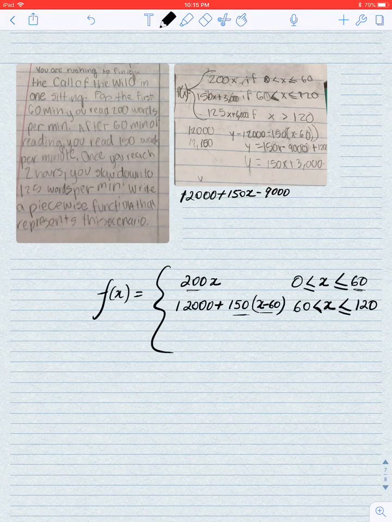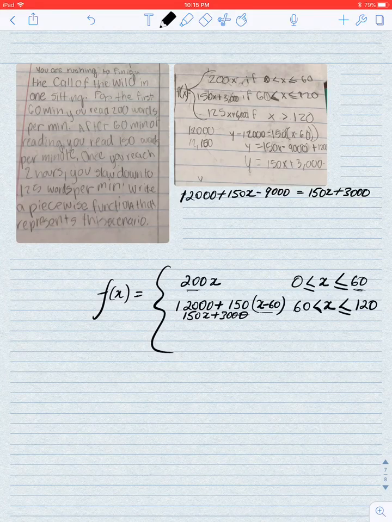So this is going to be equal to 150x plus 3,000, which is what you have over here, right? So that's what I'm going to write here now. This will be 150x plus 3,000. So that's the second part of the equation.